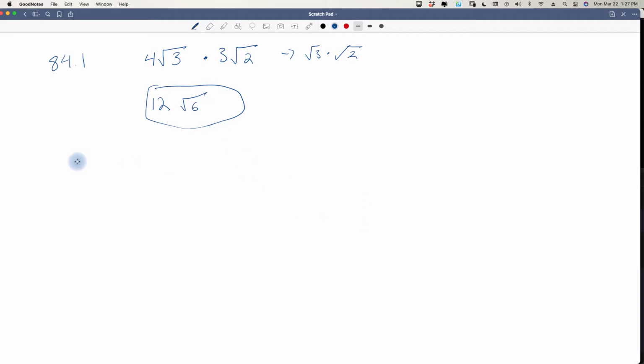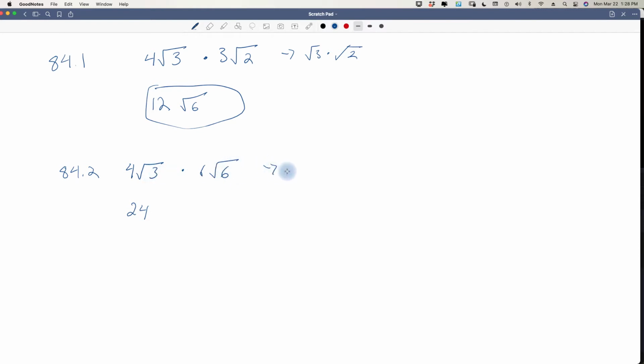So now let's move on to 84.2. And we are asked to simplify 4 times the square root of 3 times 6 times the square root of 6. Okay, we can treat our whole numbers the same. 4 times 6 is 24, but we have the square root of 3 times the square root of 6.